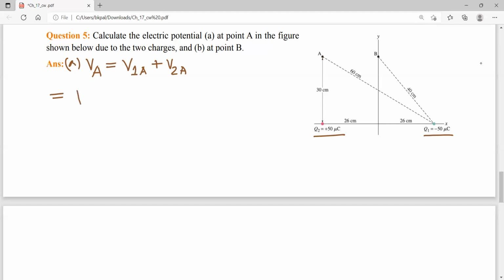It will be something like this: K Q1 over RA1 plus K Q2 over RA2. Okay, so you can take K out, so it would be something like this.